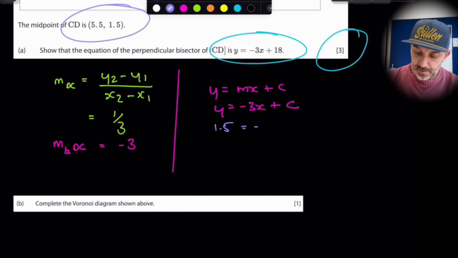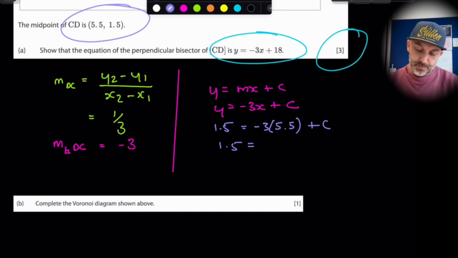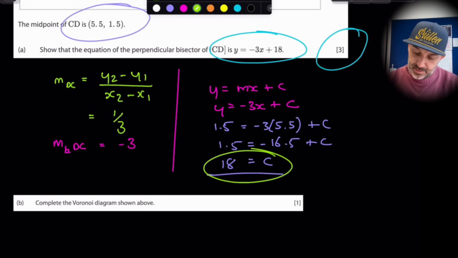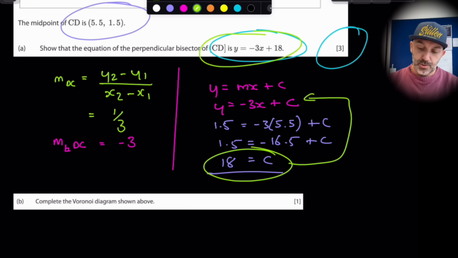So 1.5 equals -3 times 5.5 plus c. You may need a calculator here, but 5 times 3 is 15, plus 1.5, gives 16.5, so -16.5 plus c. Add 16.5 to both sides, yielding 18. So c is 18, and we substitute that back in, getting the result in the question.